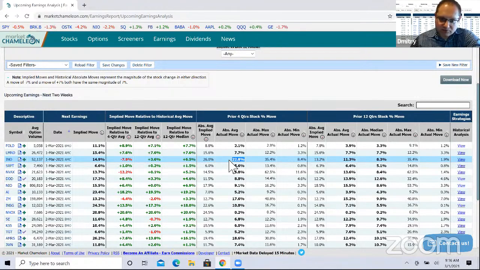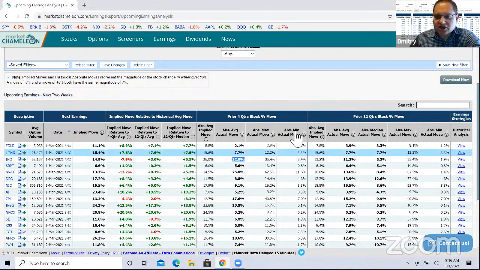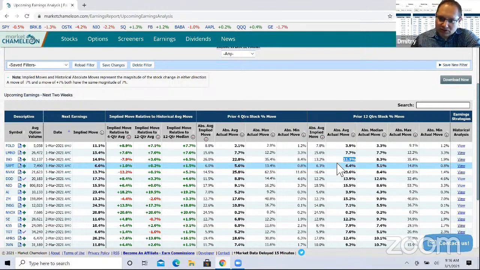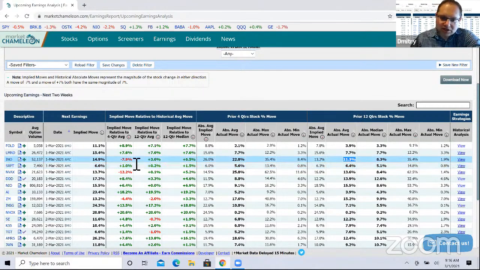In the last 12 quarters, on average, the magnitude of the move was 11.3%. So the straddle is implying 7.9% below the 4-quarter average and 3.6% above the 12-quarter average. The high move on that stock after reporting earnings was 35.4%.